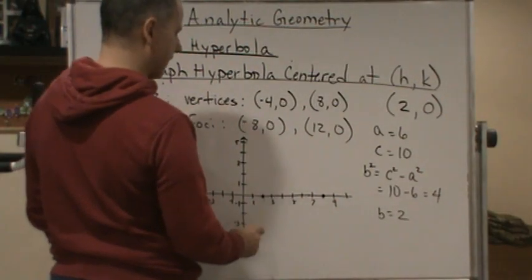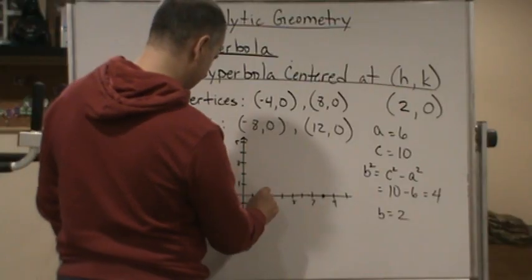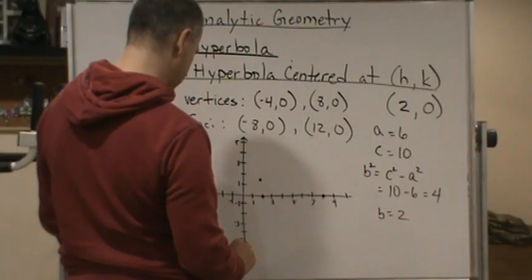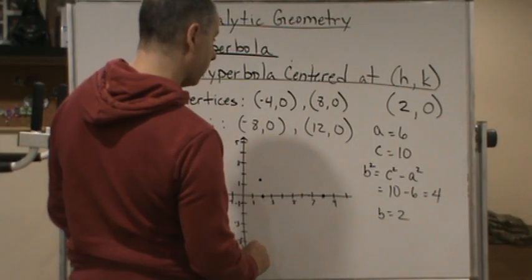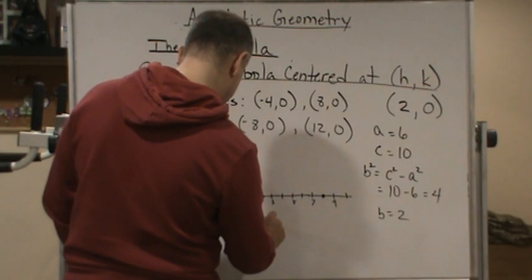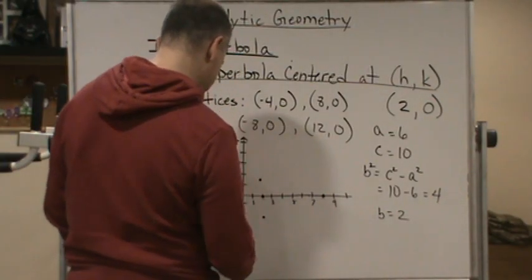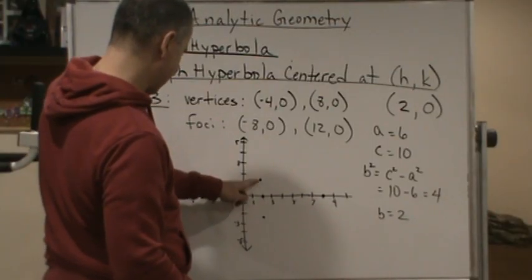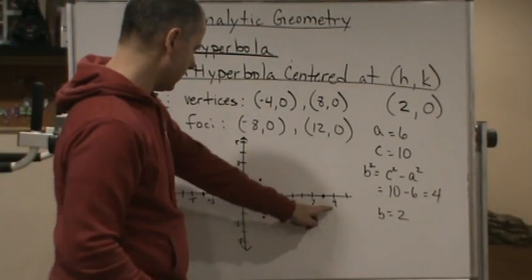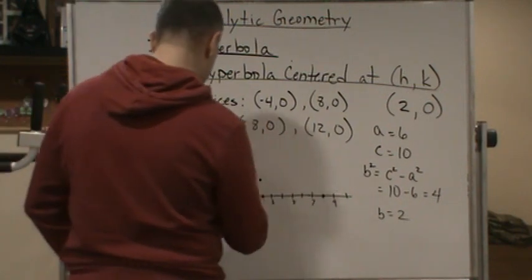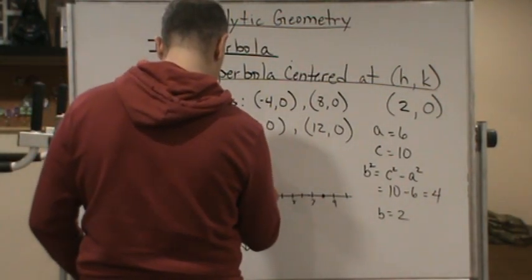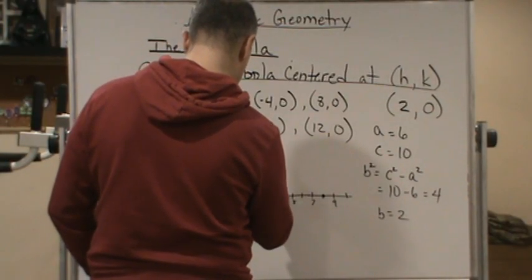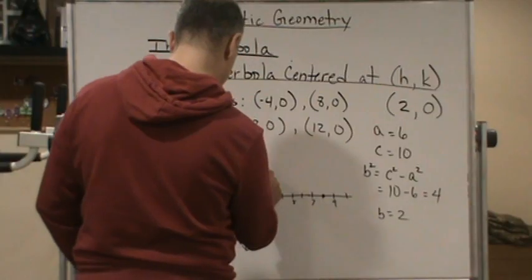So in the vertical direction, the top of the box is going to be at 2, 2, and the other one's going to be at 2, -2. These are the edges of the box, and the vertices also make the edge of the box.